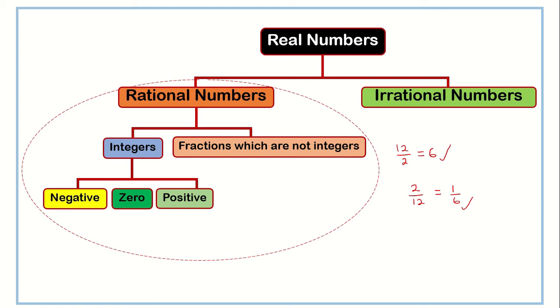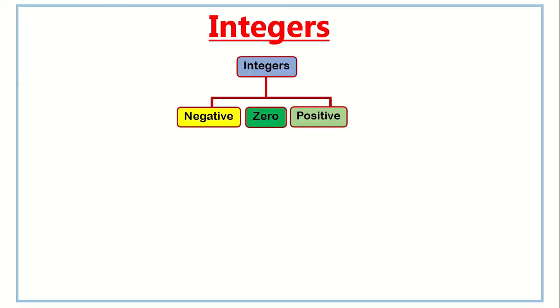Then, for this video, we'll look at the integers. Okay? So, let's now dip further into integers. Now, integers are divided into three parts. We have negative, we have 0, and we have positive.